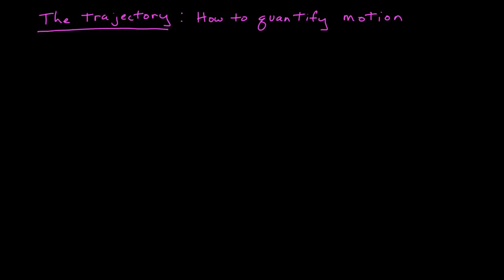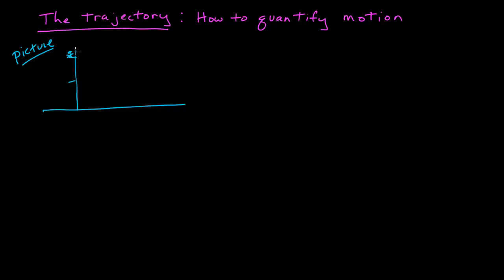So let's say I want to describe the motion of the following event, which is a water balloon thrown out of a second-story window. So how would I go about doing that? The first thing that I would do is draw a picture. So I have a second-story window. So that's up here somewhere.